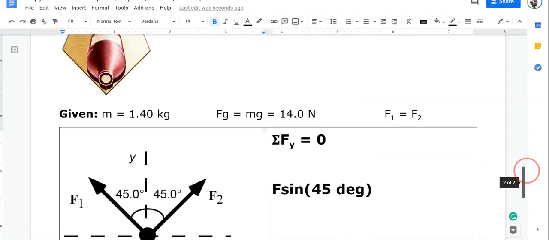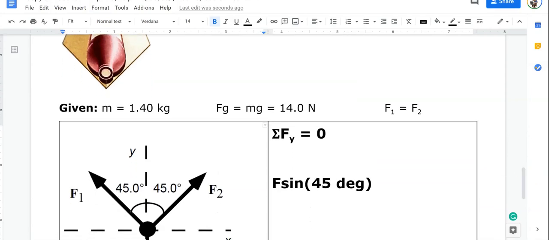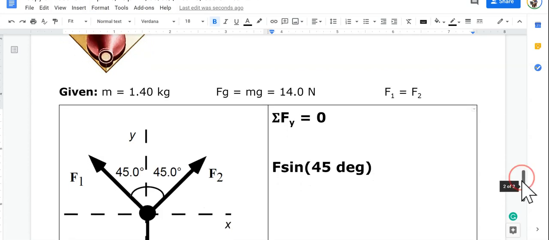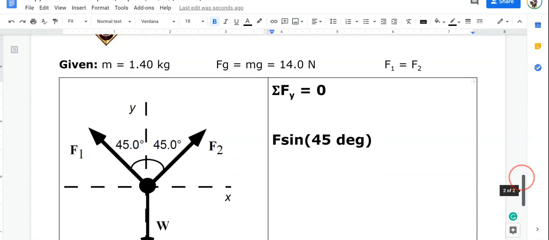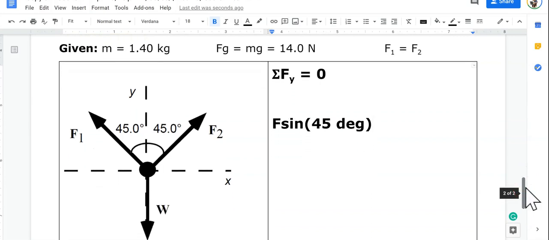So if we draw the dotted line, we can say that if this whole thing is 90, this must be 45 and 45, and the angle to the horizontal would also be 45 and 45. Now, I started you out, but it's just the two vertical components going up equal the down force, which is only W, and see if you can work that out.